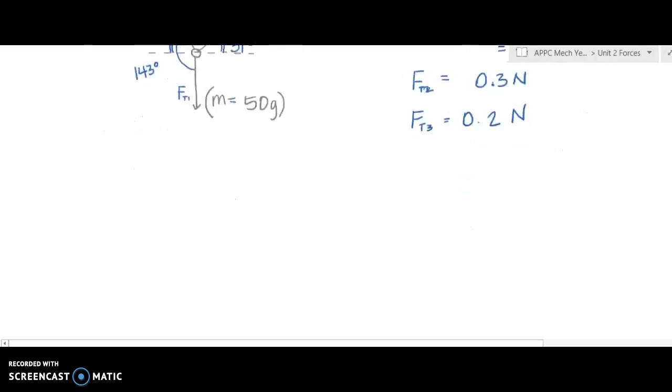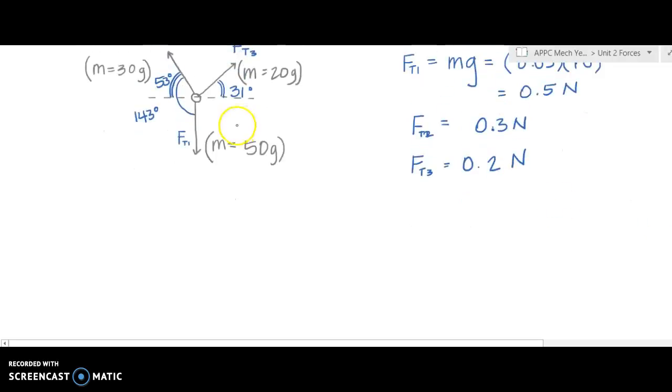All right, so let's just say that we start with these known. FT1 is known as being 0.5 newtons, and I'm going to call it theta 2 because it's the angle to the second tension rope is 53 degrees, and theta 3 because it's to the third tension rope would be 31 degrees.